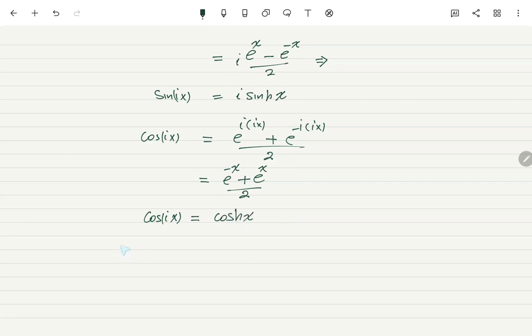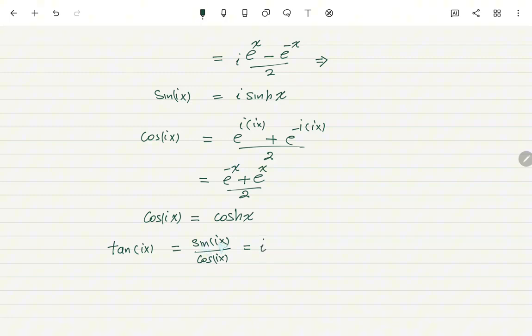Now let's define tan ix. Remember tan is sine over cosine, so it's sine ix divided by cosine ix.